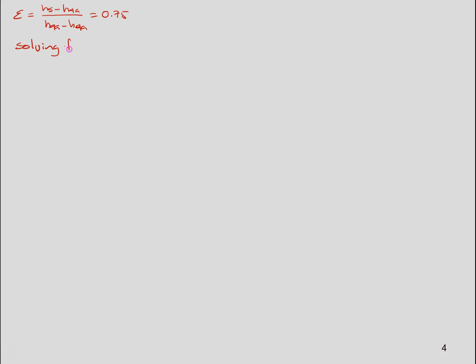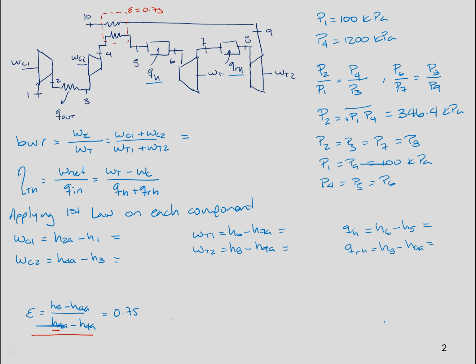So solving for H5, we get that H5 has a value of 941.49 kilojoules per kilogram. With this, we have all our states, and we can go back and substitute in our first slide. So you can do all the math and just put in the values.